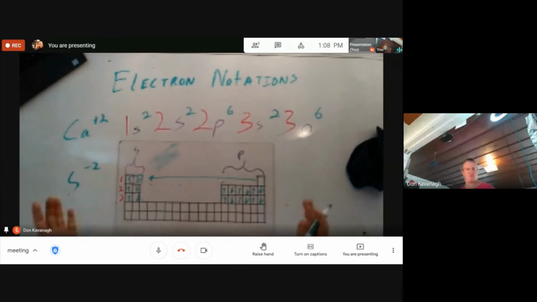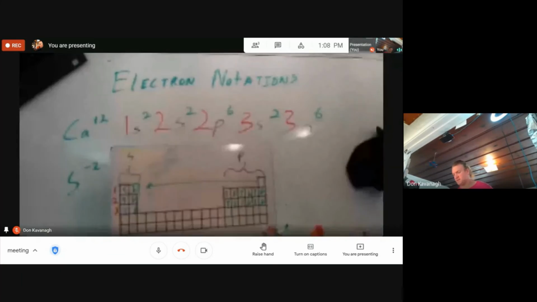Okay, this looks very familiar here. I should have thought about these examples before I put them up there, but this is identical in electron configuration to calcium +2. They are of different charges because of the number of proton and electron ratio here.